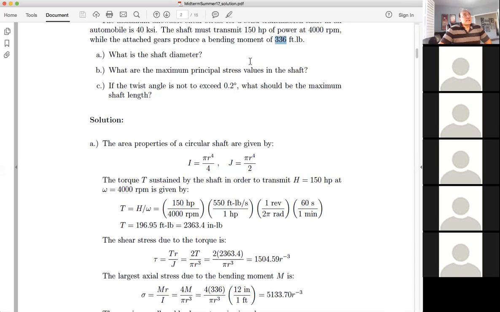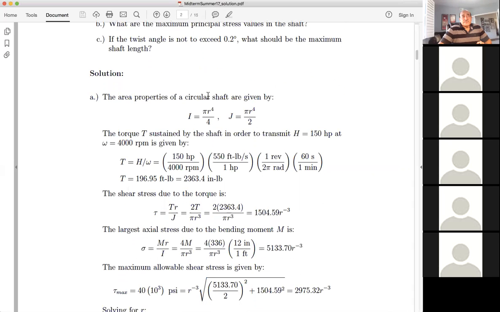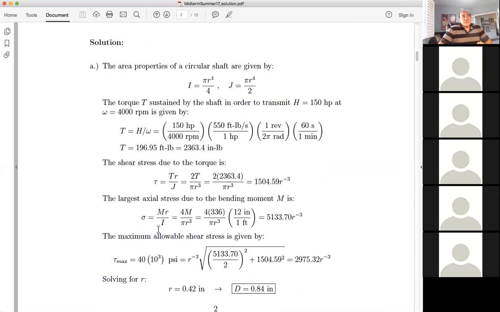So if we look at here, the allowable stress is 40 KSI. That allowable stress is for the maximum shear. And therefore, we must calculate whatever normal stresses there are. Here we have bending. Obviously, if we have another axial force, tension or compression, then we have to add that to the picture.